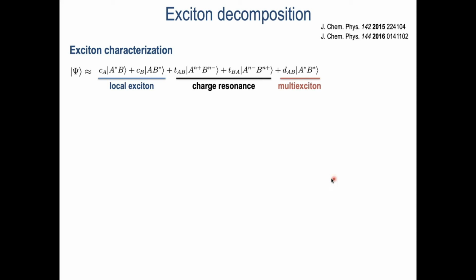And in this case, we are interested in decomposing our excited states in terms of local excitations, so excitations of a particular part of the system. For instance, in a dimer, excitations of one of the monomers, charge resonances, so excitations that move electrons between different parts of the system, and multi-excitons, or the simultaneous excitation of these different parts.